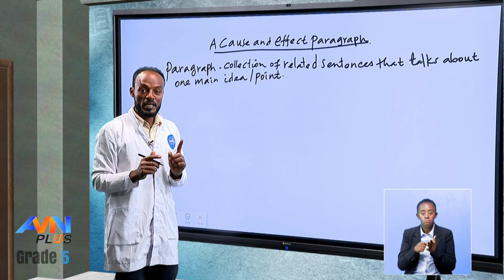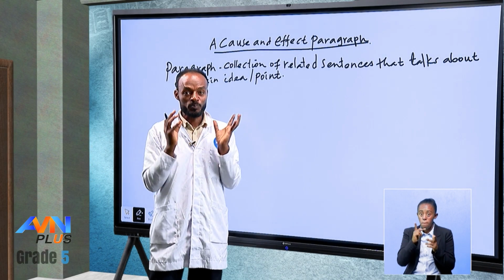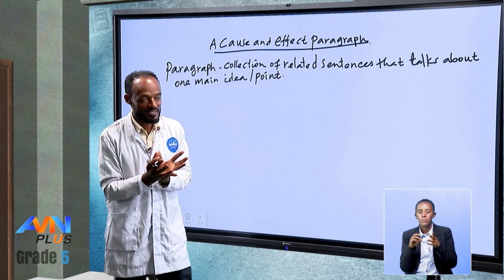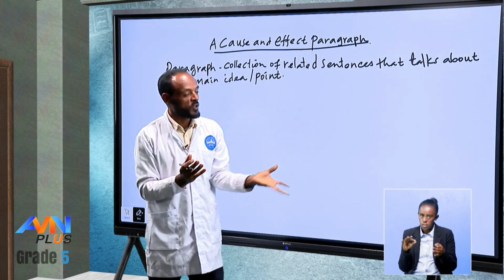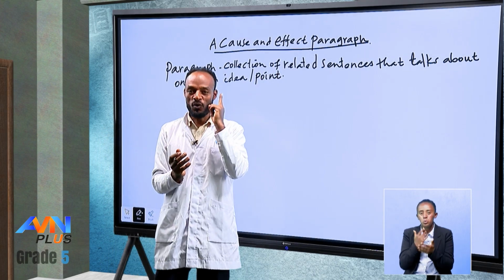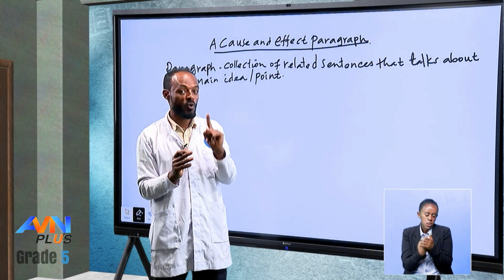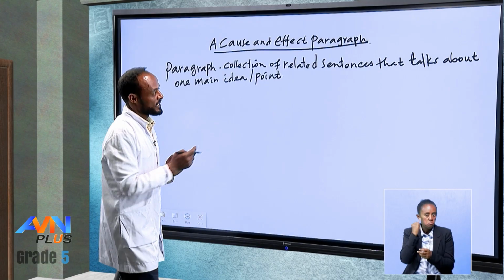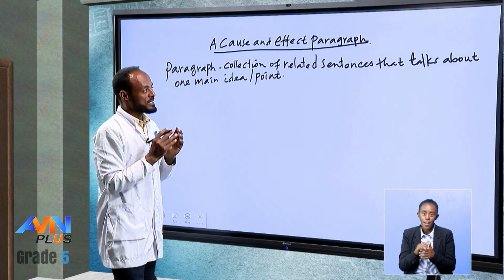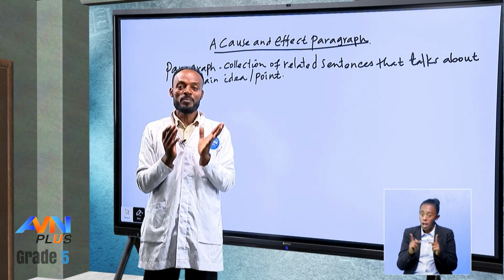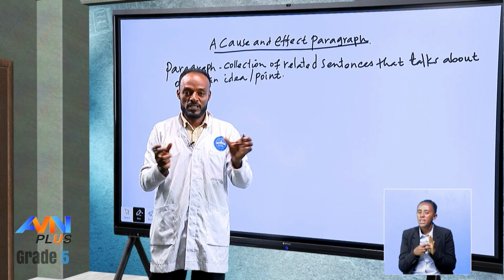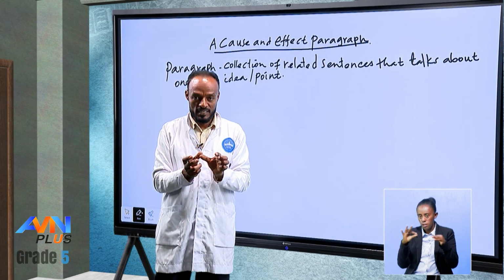Is it clear? A paragraph is a group of related sentences that talks about one or a single topic. It should be a single topic, okay? Or one main idea. So when we say paragraph, we mean a collection of sentences, isn't it?